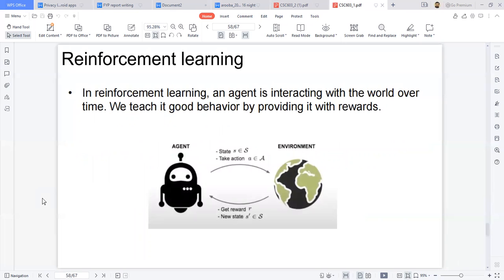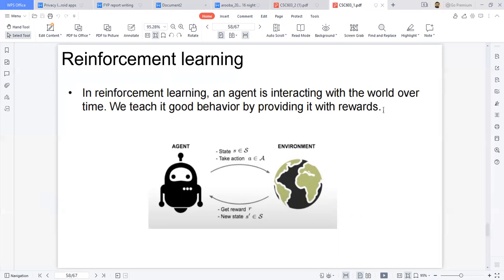Next is reinforcement learning. In reinforcement learning, an agent is interacting with the world over time, and with time the agent is learning. As I told you, for example, we teach it good behavior by providing it with rewards.